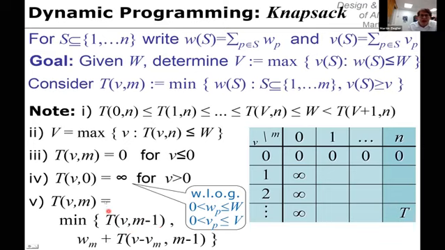So this justifies this equation, and mathematically and computationally, this equation allows us to fill the table column by column from left to right.